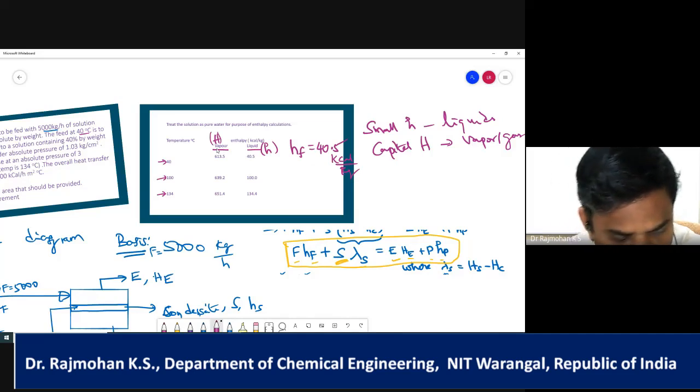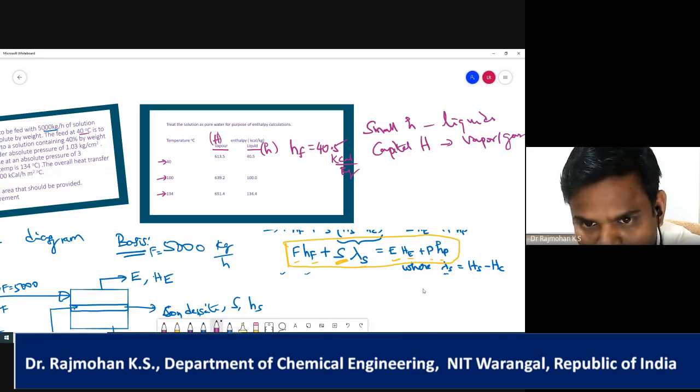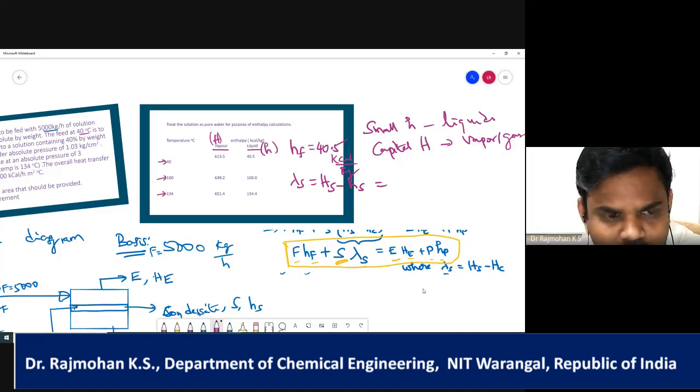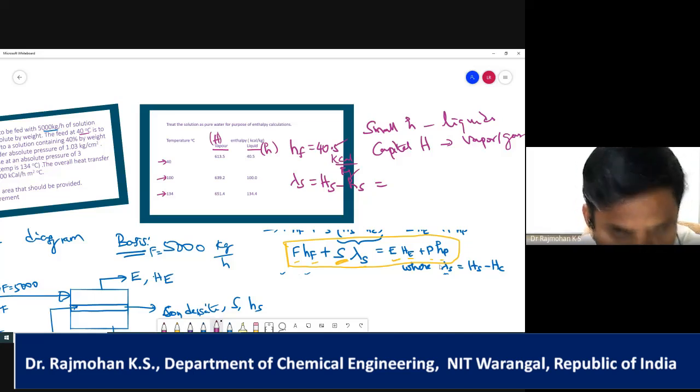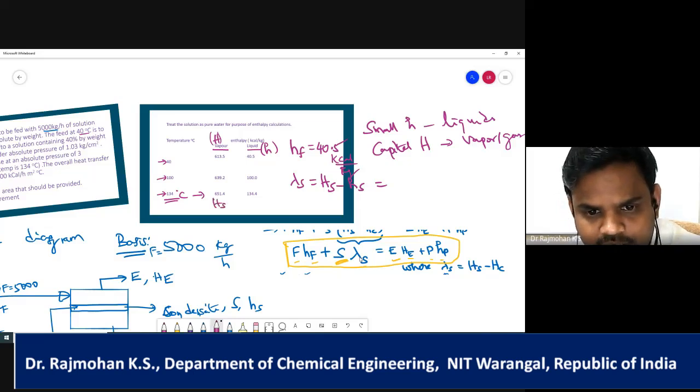Understood? So similarly, what is lambda S? We can write lambda S also. Lambda S is equal to capital HS minus small hs. What is capital HS? Steam is entering. What is the steam temperature? Steam is entering at 134 degrees Celsius. It is given steam is available at this temperature. So this is your capital HS and this is your small hs. So if you substitute, we get lambda S. This is more important.